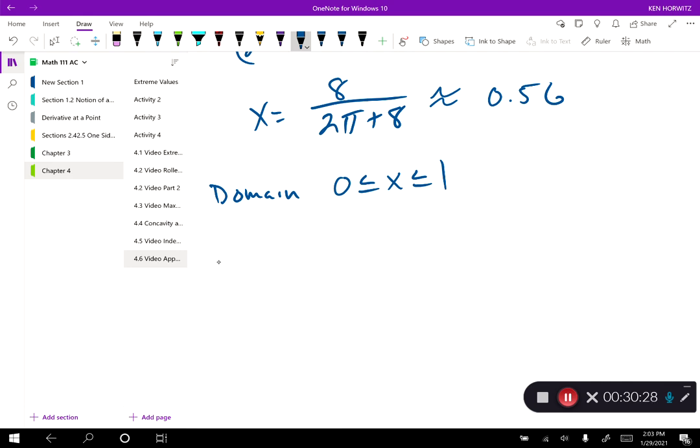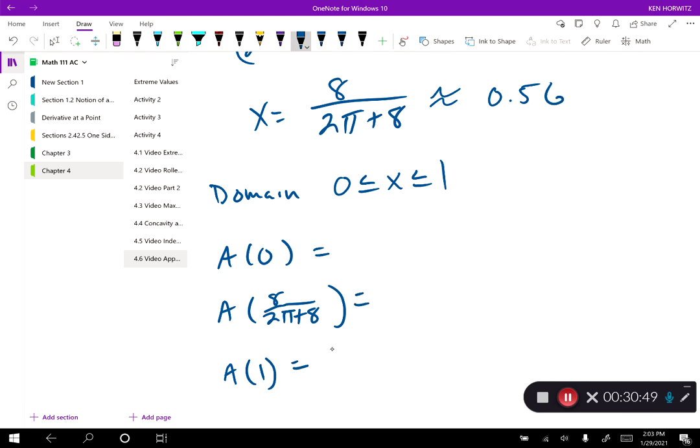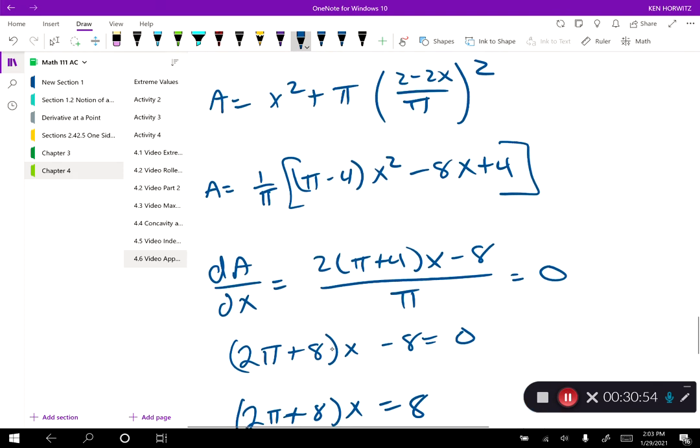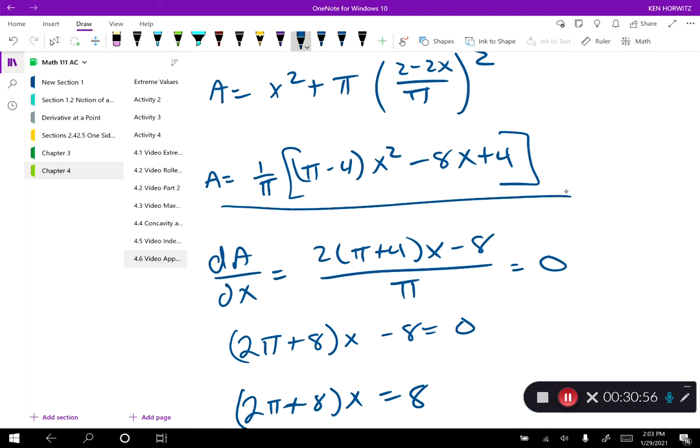So now we need A of 0, A of 8 over (2 pi plus 8). If you wanted to do A of 0.56, you could. Why don't you take a moment, get me all 3 of those values from your area equation, and we'll see where we're at on the back end.